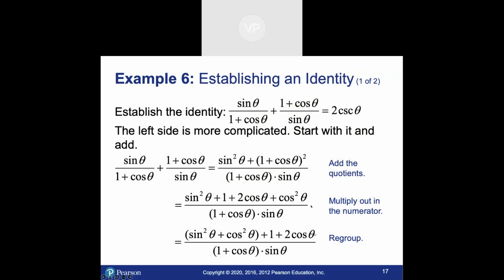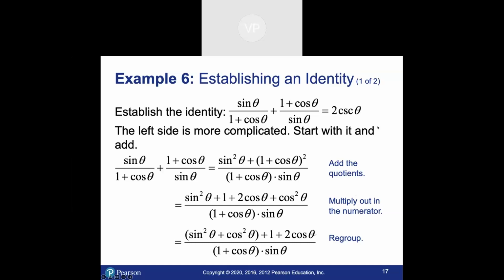From here down to here, all that happened is we have four terms on top: a sine square, a 1, a 2 cosine theta, and a cosine square. What they did was rearrange the four to put the sine square and cosine square together. It didn't have to be a parenthesis. It's just the same four terms on top, in a different order.